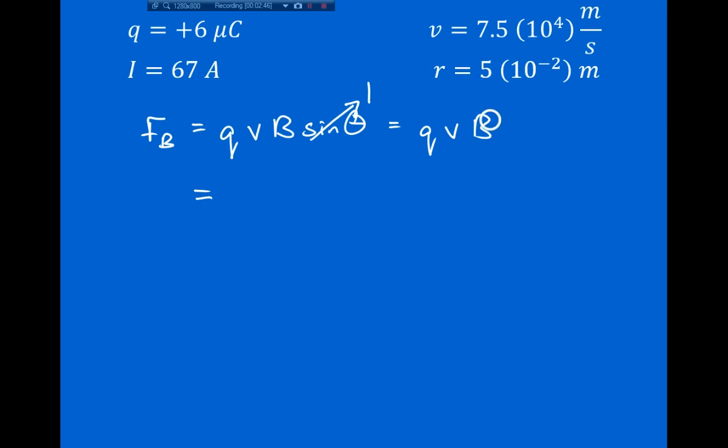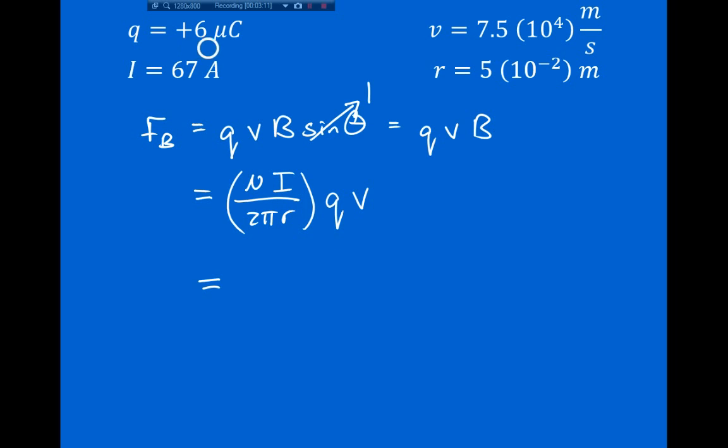Now the second part is that we have to find the strength of the magnetic field. And of course we found the formula for that earlier in this video. That's mu naught I divided by 2 pi r. So if I plug that in for the magnetic field, then the force is going to be that times Q times V. And since I've been given all these values, because I know the current flowing through the wire, the distance is 5 centimeters, the charge is, I didn't give you that.